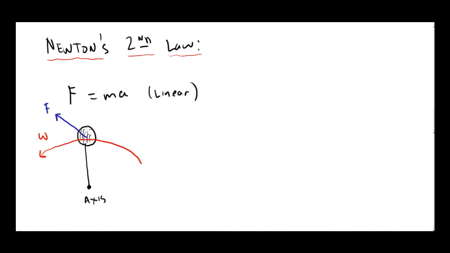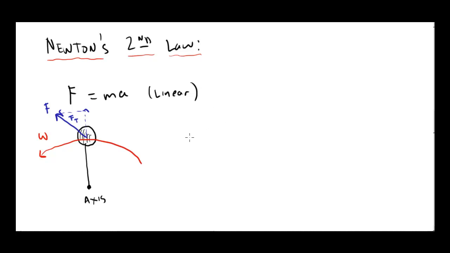And so we have this radial component, and here's the tangential component, right? The tangential component is what we're actually interested in, this component right here of that force. And this is still in the linear sense, right?